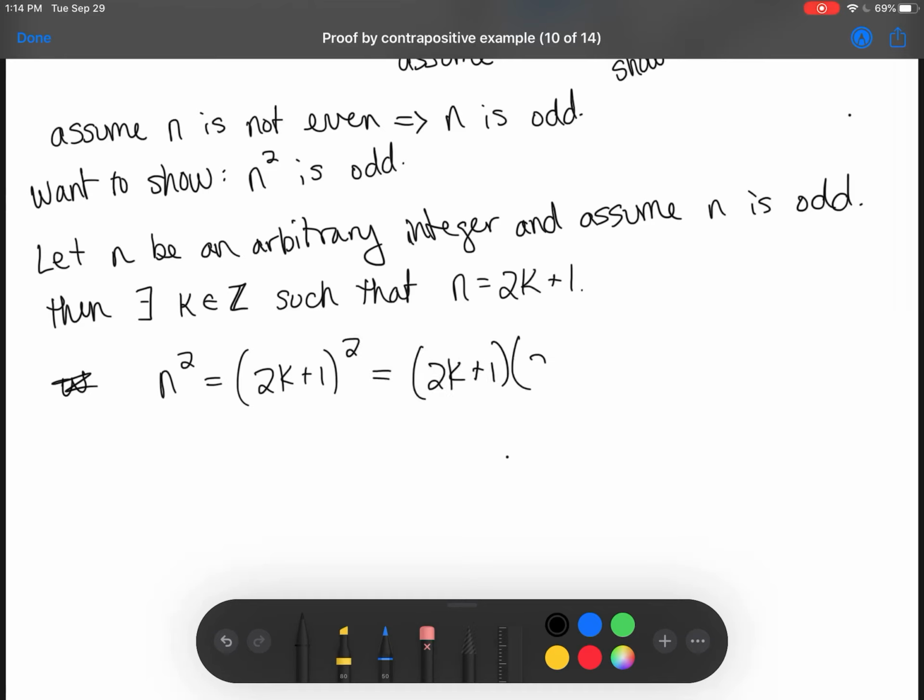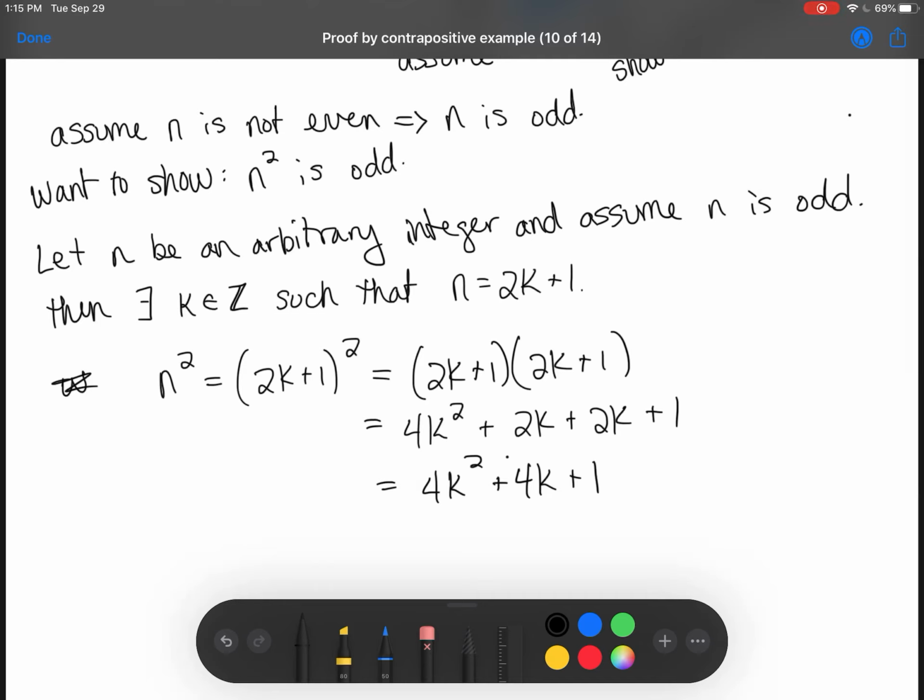I'm going to write this out, just to make sure we all remember that when it's squared, we need to actually FOIL it. 2k times 2k would be 4k squared. The outside is 2k, inside is 2k, and the last is 1. If we combine like terms, we get 4k squared plus 4k plus 1.